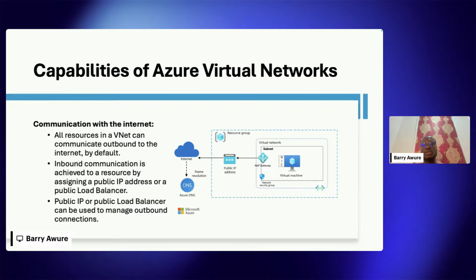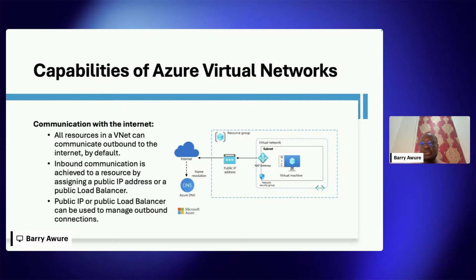But by default, whatever resource that you spin up on Azure, so long as you are assigning a VNet to it, so long as you are assigning an IP address to it, right, you automatically have access to the internet on that resource. But your inbound communication then will be a function of whether you have a public IP address or a load balancer.